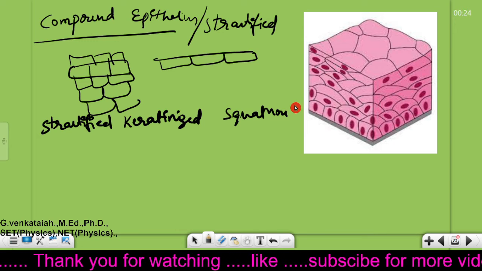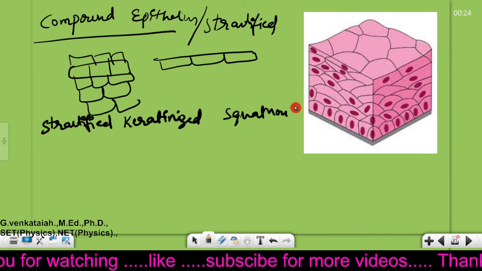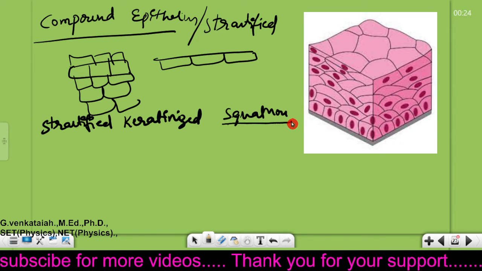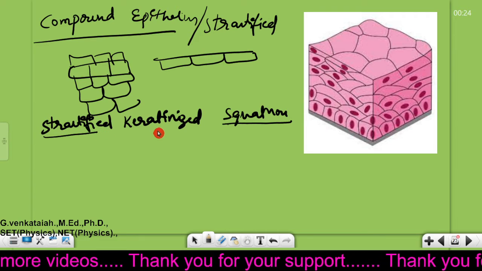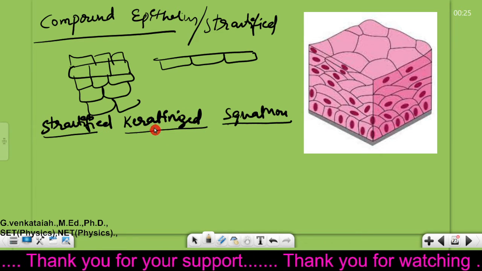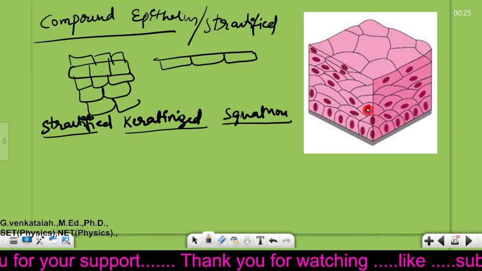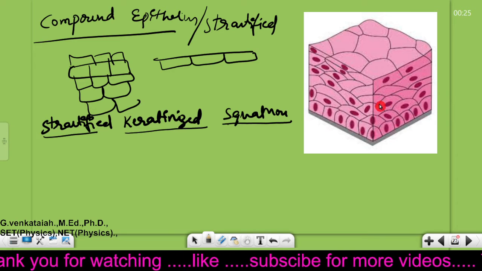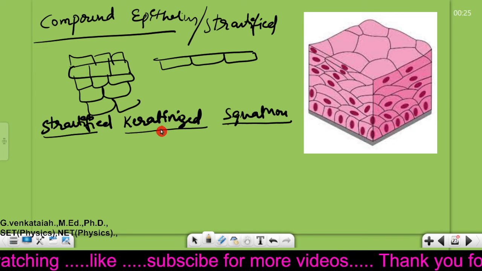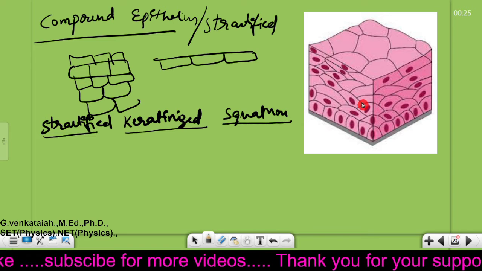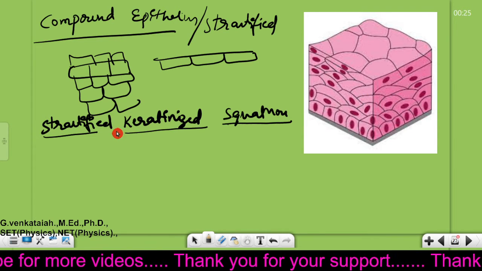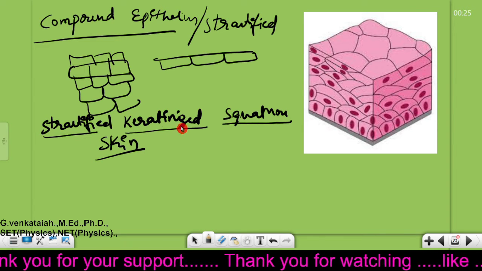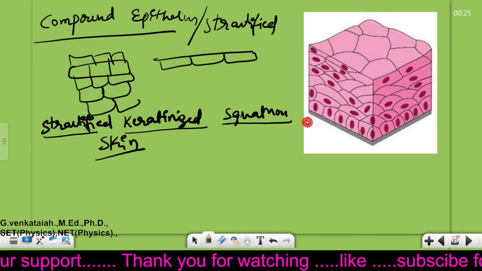Stratified and keratinized means keratin is present in the cells, so it is called stratified keratinized squamous epithelium, or compound keratinized squamous epithelium. This type of cell is present in the skin.